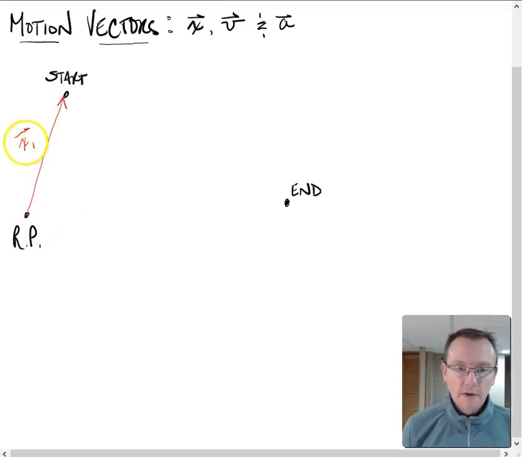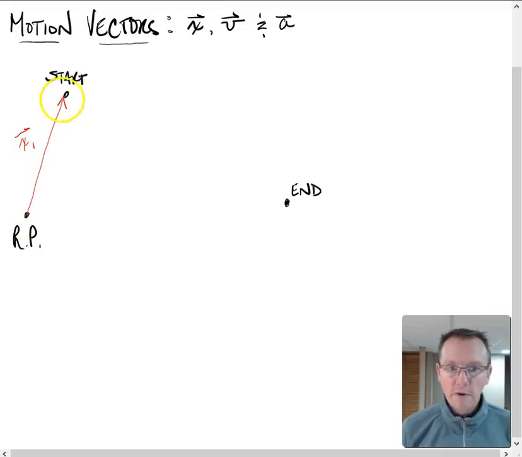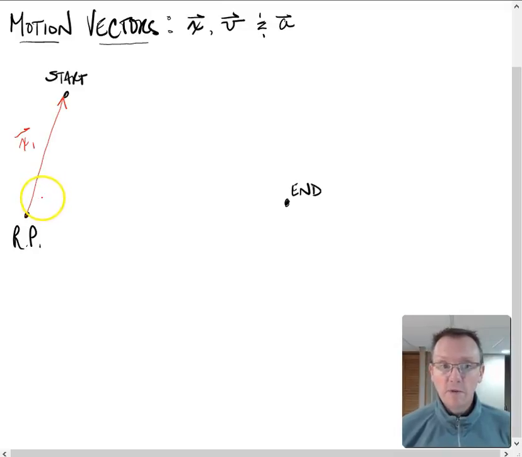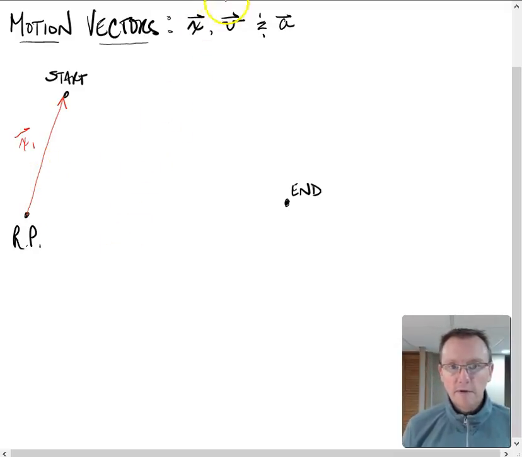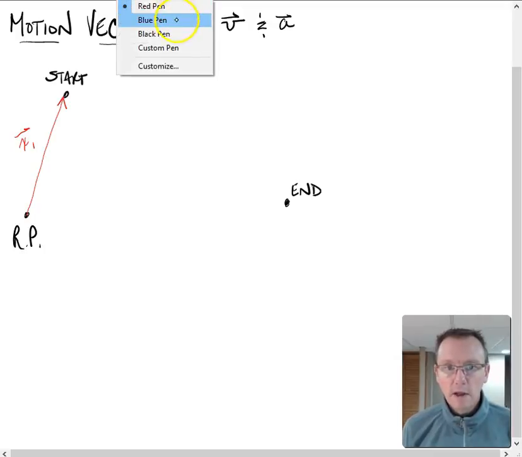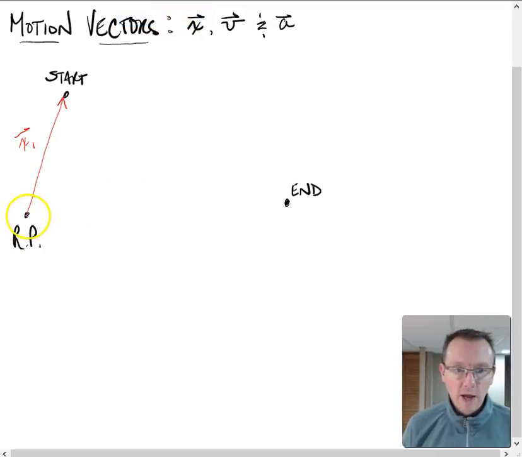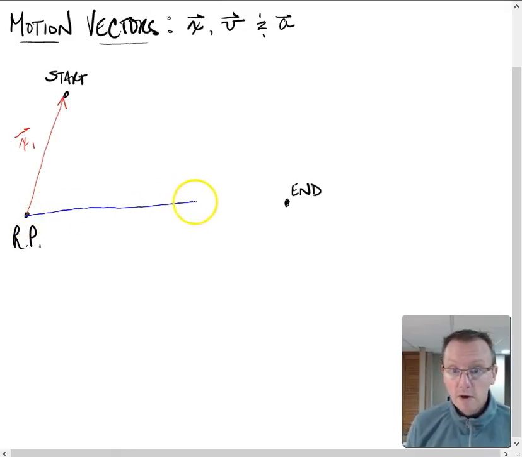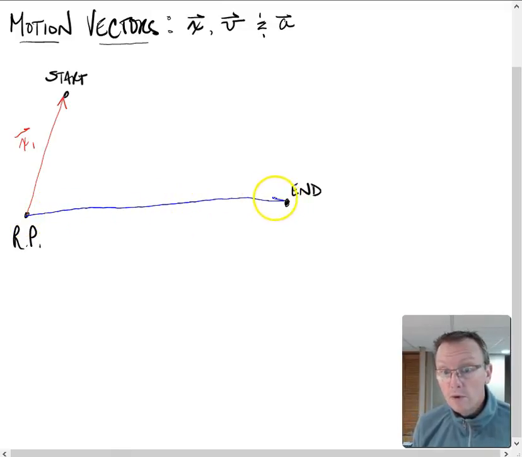Okay, so that is a vector, right? Because it is some distance away from the reference point, and it is in a certain direction away from the reference point. So then later on, we come back to the object here, and we see that the same object is now located all the way over here. Not great.